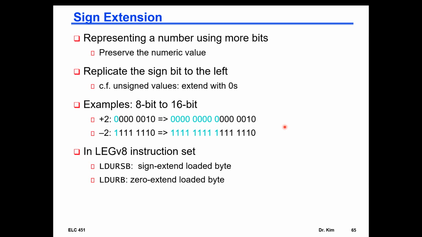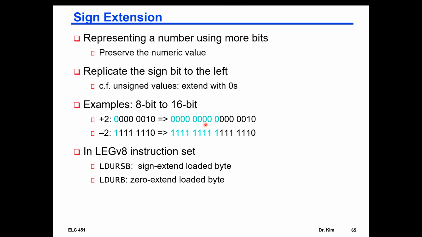So if we wanted to extend a byte to 16 bits, and this is what we have originally. We have just this byte here, which is the number 2, and we wanted to extend that to 16 bits. All we have to do is copy the most significant bit over. And if we apply our sum to this new pattern, we'll see that we still have 2.